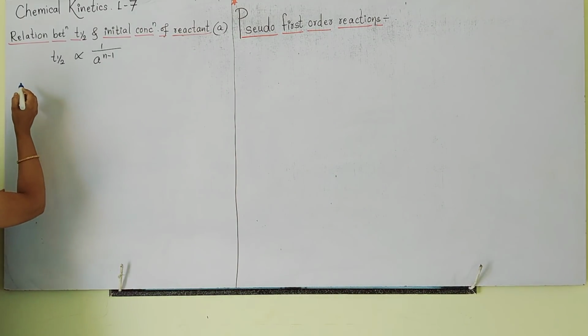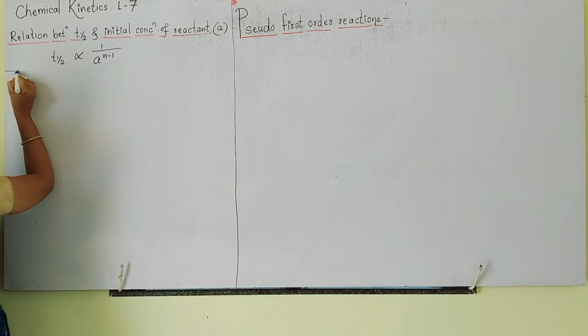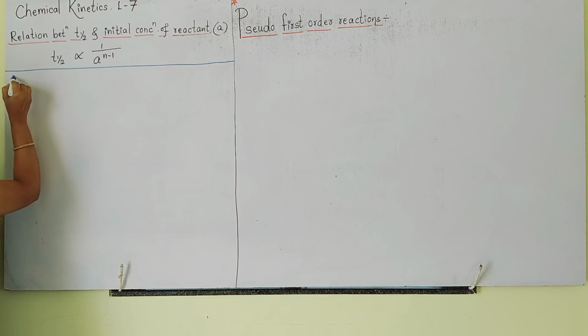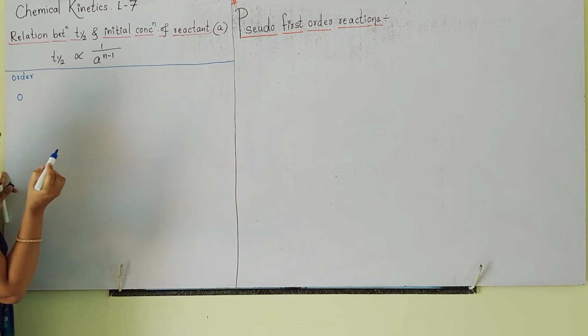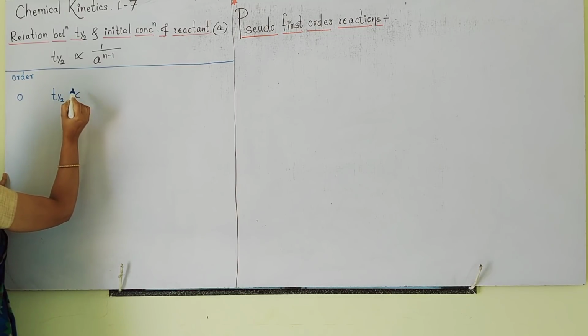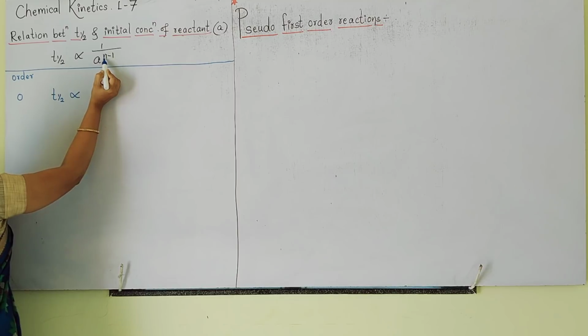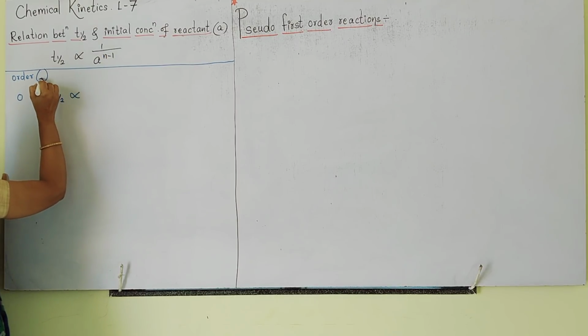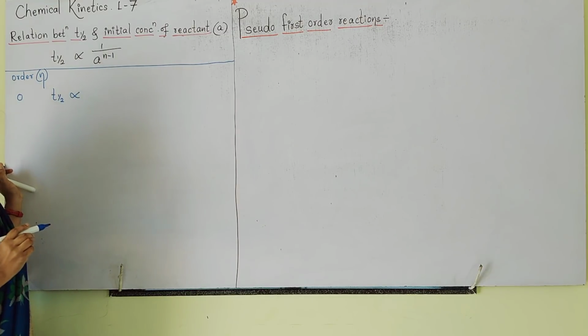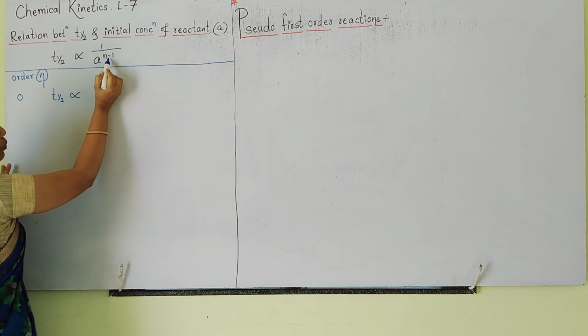See here, I will write here order. If order is 0, for 0 substitute and tell: T half is proportional to A raised to N minus 1, and N indicates order. 0 minus 1 is minus 1.